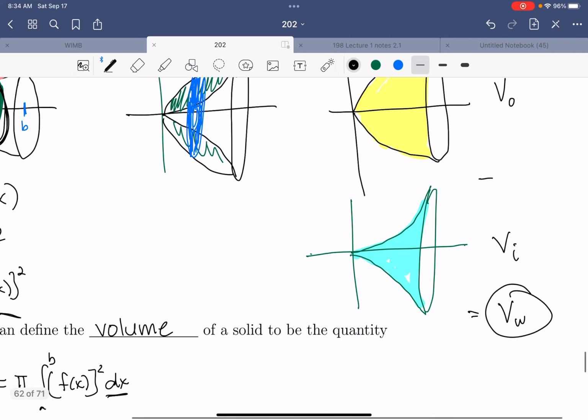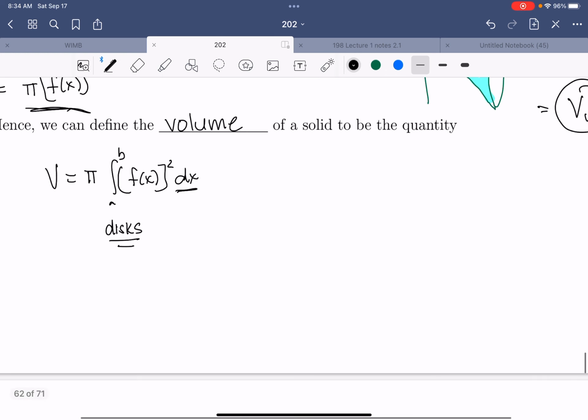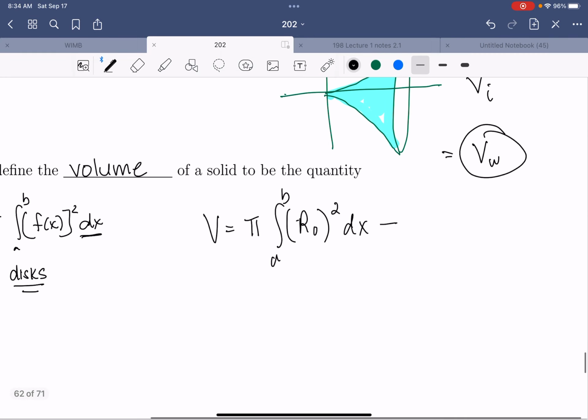Okay, well, we just said that to get the volume of this one, we would take pi, and let me write it down here. So our total volume is those two subtracted. So the first one is pi times the integral from a to b of our outside radius, which I'm going to call R_O squared dx, minus, because we're going to take away that interior volume, pi times the integral from a to b of our inside radius squared dx.